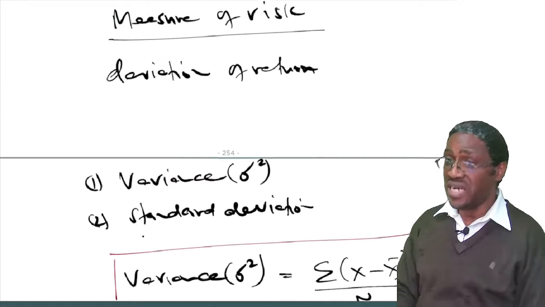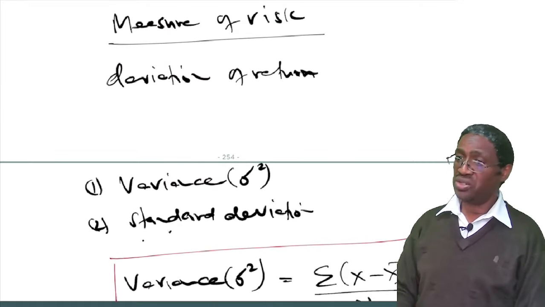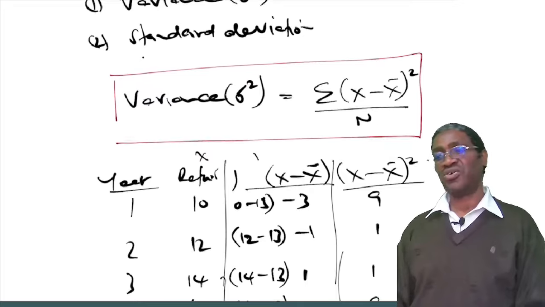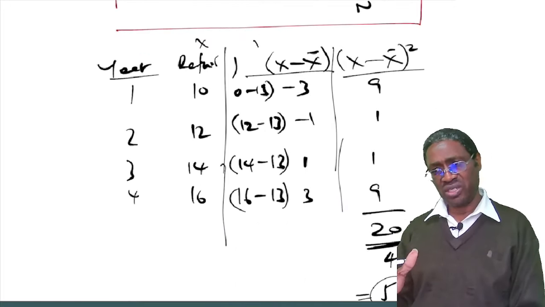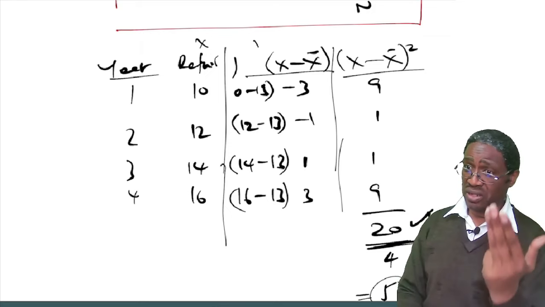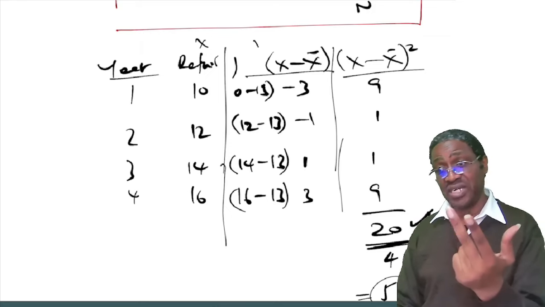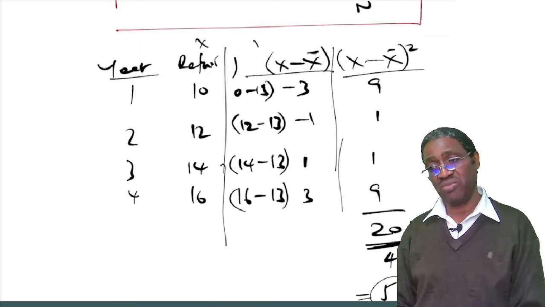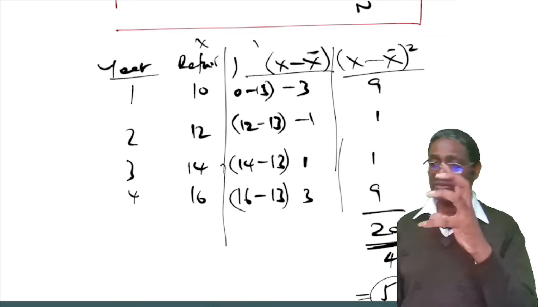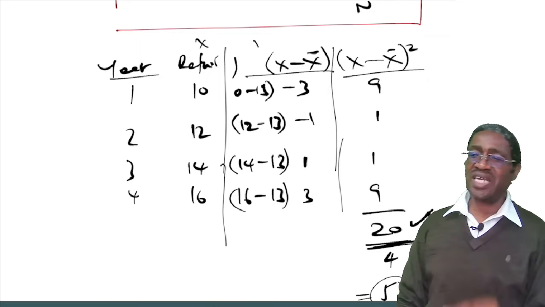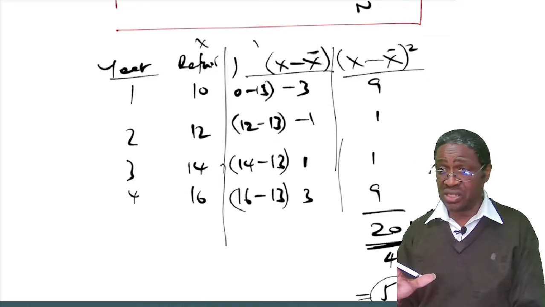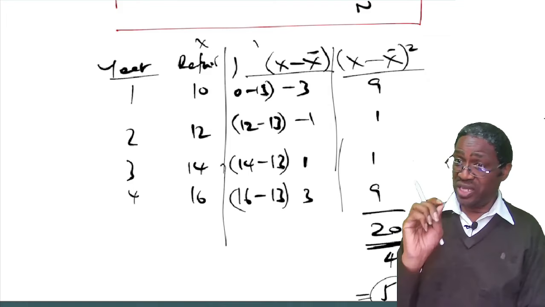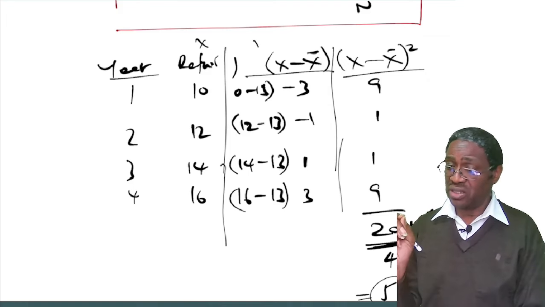Then, to get the measure of risk, you either calculate the variance or the standard deviation. Those are the two measures of risk. How do you get the variance? Get the sum of the squared deviations from the mean.